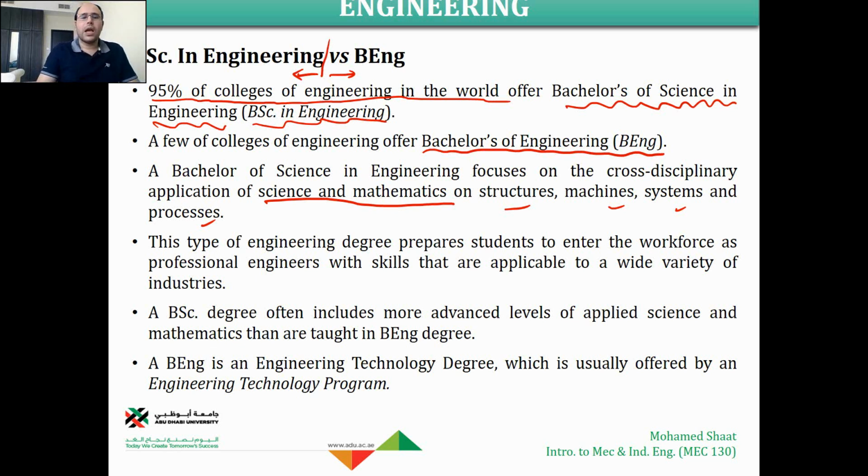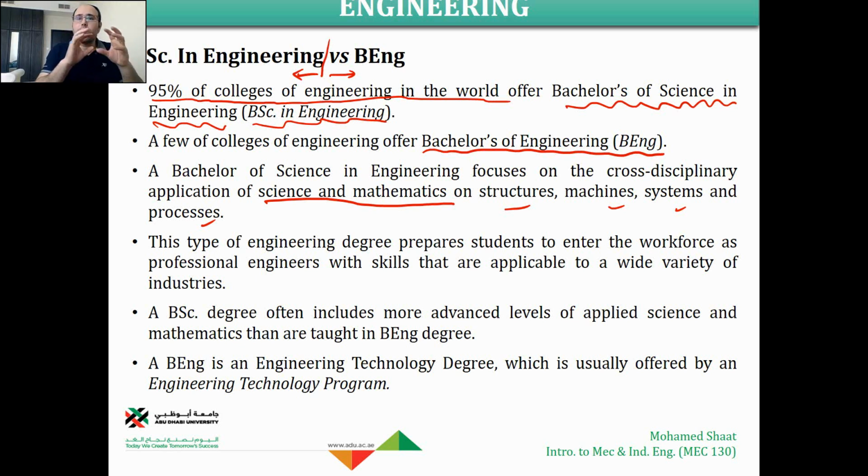It means that, to have a degree as a Bachelor of Science in Engineering, you should study some courses related to the basic sciences like science, mathematics, materials, and so on. So you're going to study these basic sciences first. In the meanwhile, you're going to study some applied sciences courses, related to mechanical engineering, or related to your major, whatever it is, mechanical or industrial engineering.